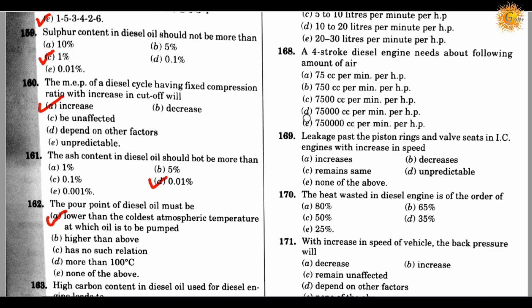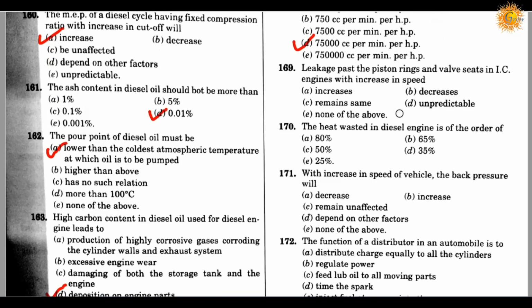So the correct answer is D. It will be 75,000 cc per minute per horsepower.